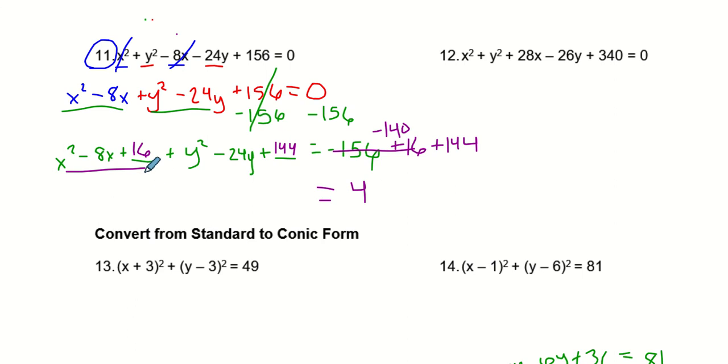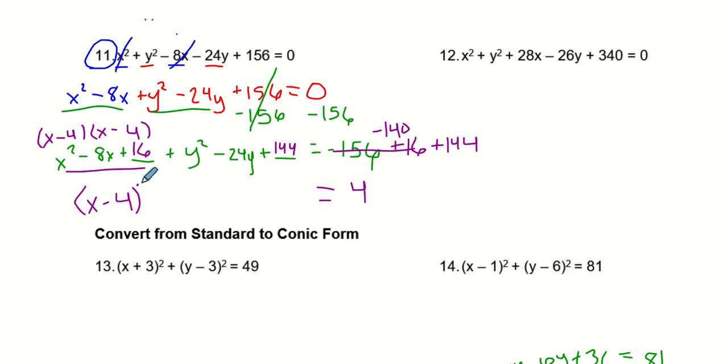Now the reason we completed the square is because if you were to factor this, it would factor really nicely. I'm going to write it above for convenience sake. If I was to factor this, it would give me x minus 4 times x minus 4. Another way of writing that is x minus 4 squared.